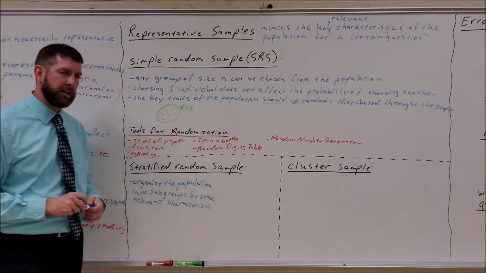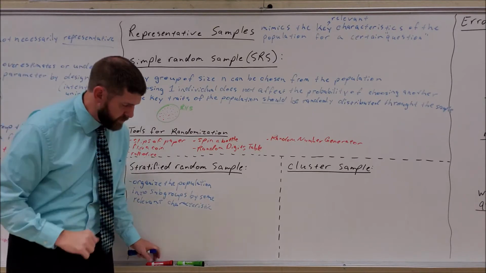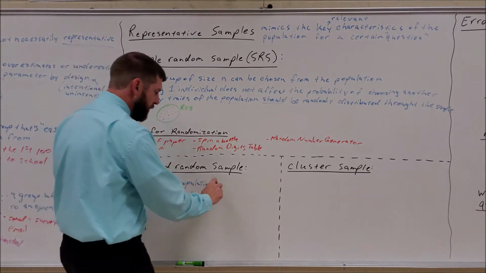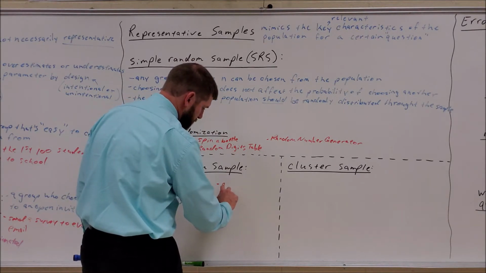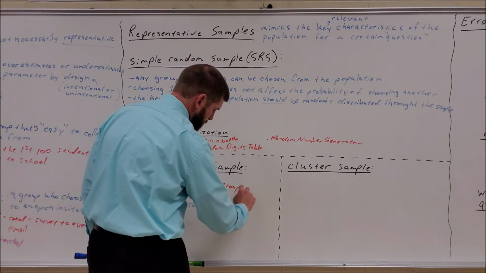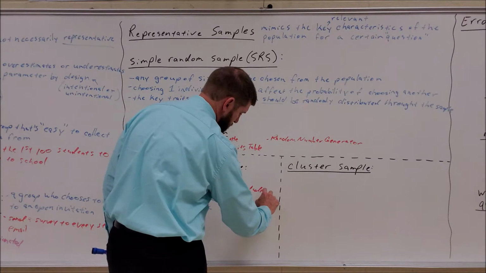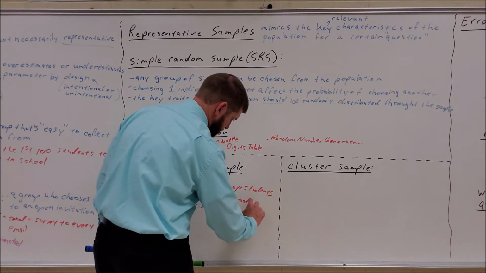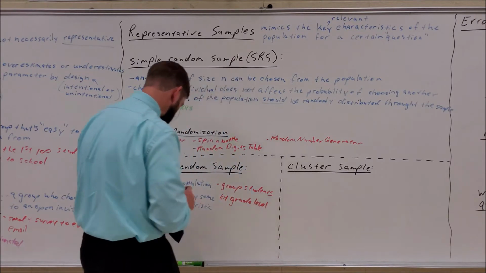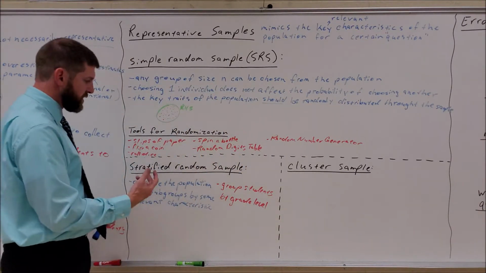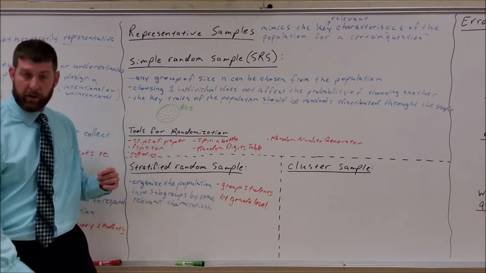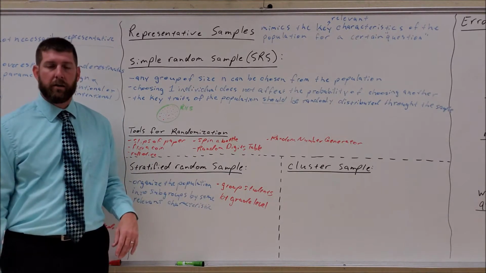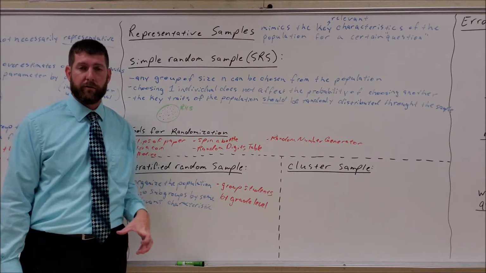So maybe if I thought grade level was the most important trait that might influence how students can answer this question, I could group students by grade level. So once I've got them separated into freshmen, sophomores, juniors, and seniors, what do I do with that? Do I want to talk to only one of those groups?